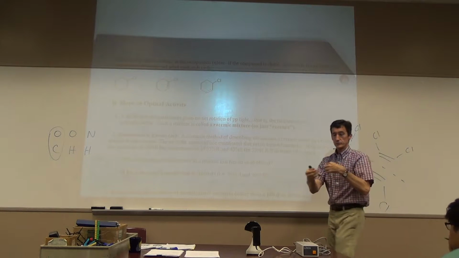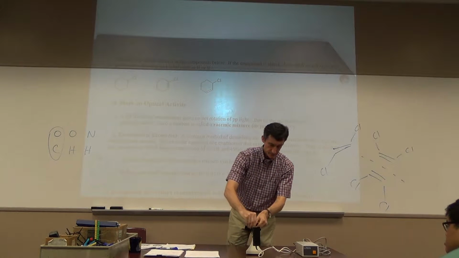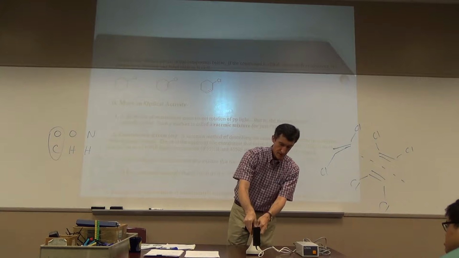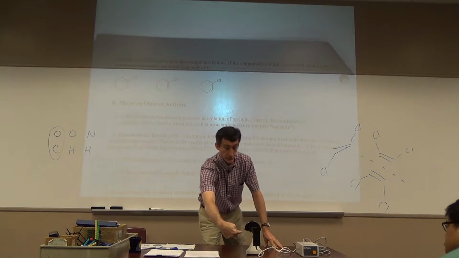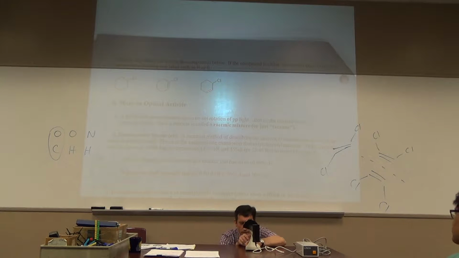Light goes through the tube, and this goes through the solution. You put this in here, you close that up, you turn the light on. It goes through that solution, and you look through here, and you see how the light is rotating. There's a mechanism for showing you that. You can look in the lab if you want to see what this mechanism looks like.